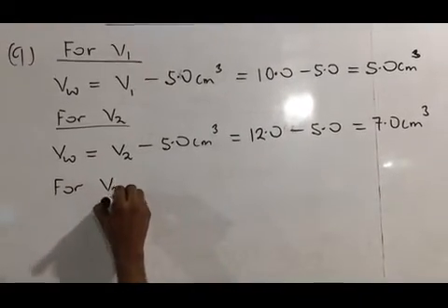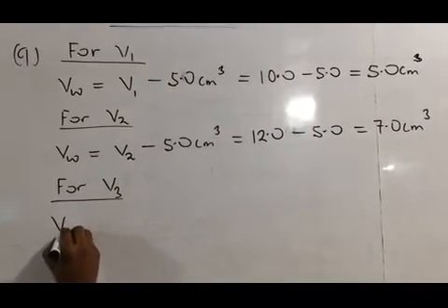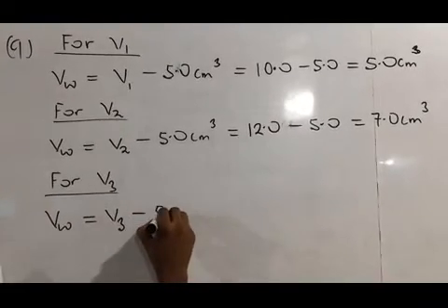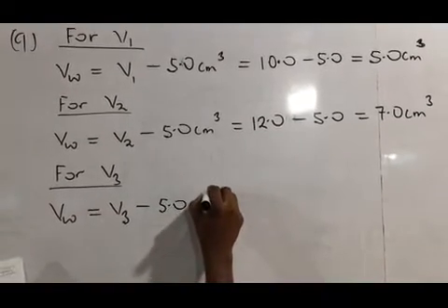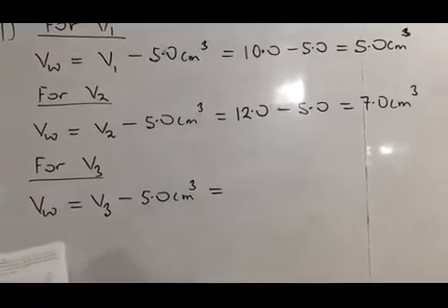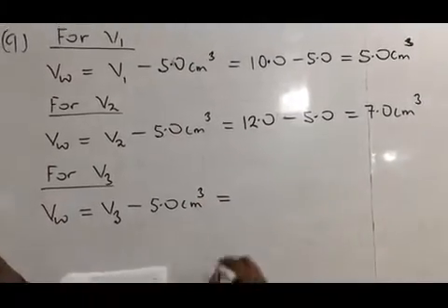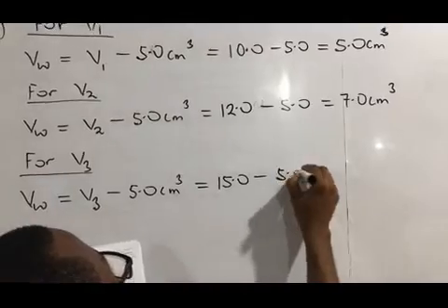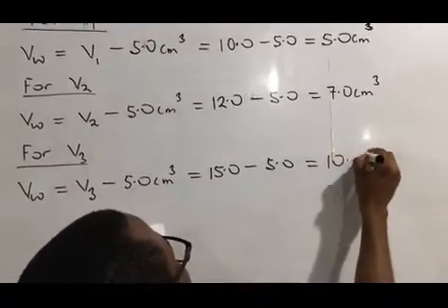For V3, the volume of water will be equal to V3 minus 5.0 cm cube. From the diagram, V3 is pointing to 15. When you subtract, that will give you 10.0.